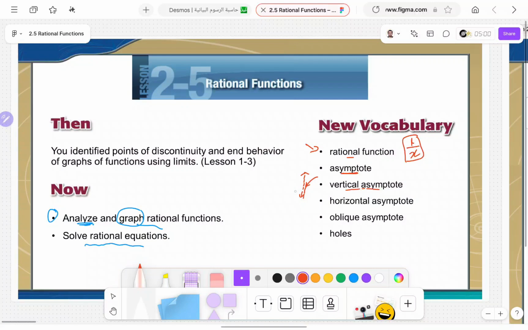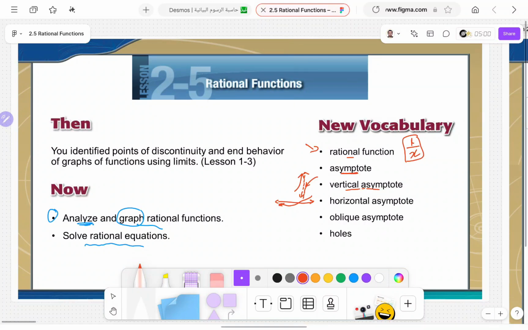It will go next to it, but it will never cross it. A horizontal asymptote is a line where, sometimes, the function can intersect it. So the horizontal asymptote is allowed to be intersected, but the vertical never can be.